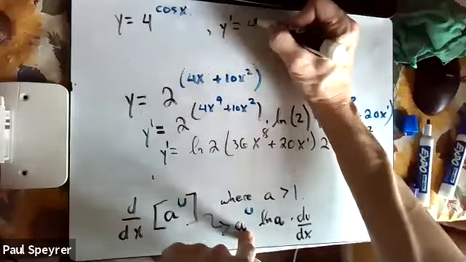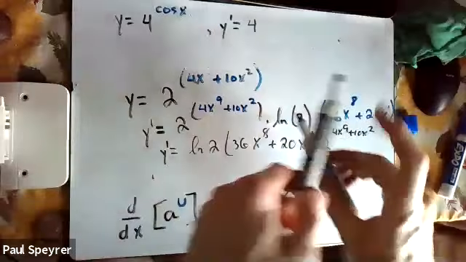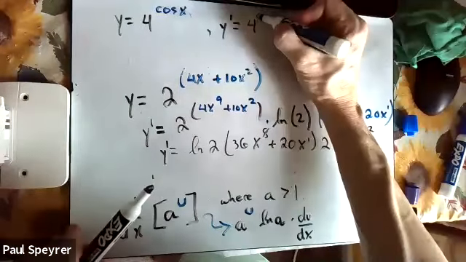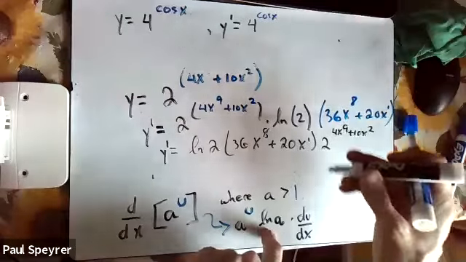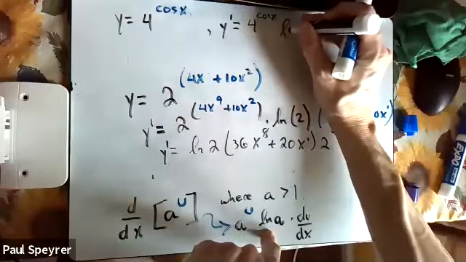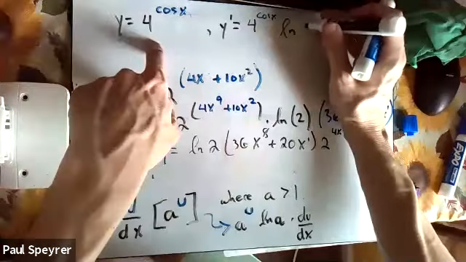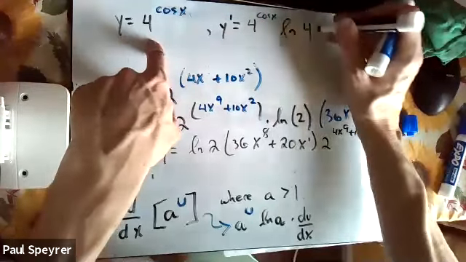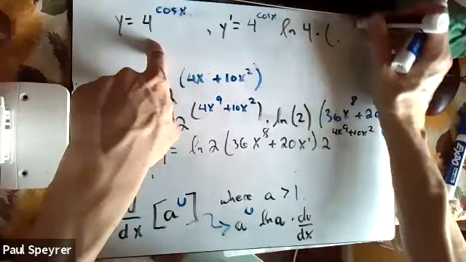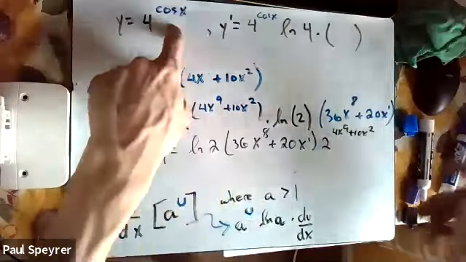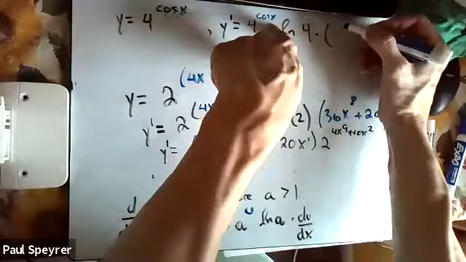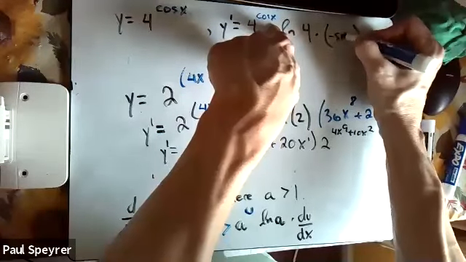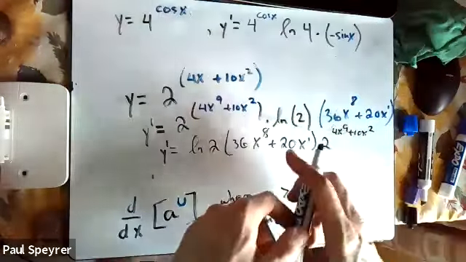So 4 to the cosine of x times ln of a. So we have ln of 4 because that's our a, times the derivative of the blue stuff, right? du dx. Derivative of the blue stuff, or the derivative of cosine, is negative sine of x.